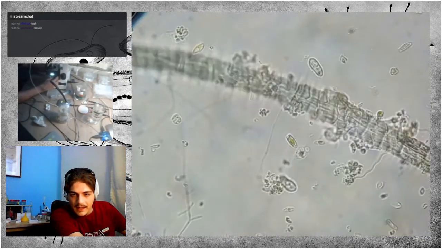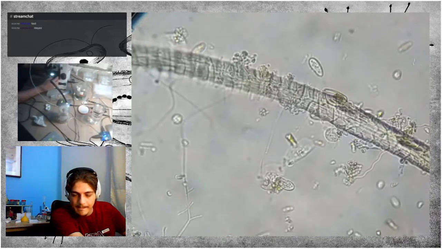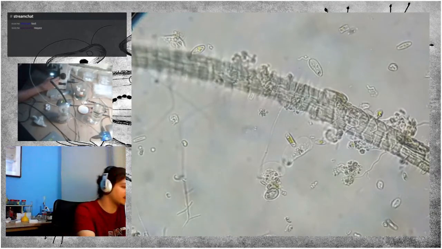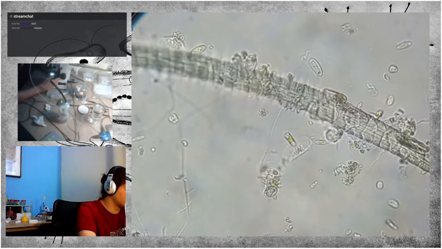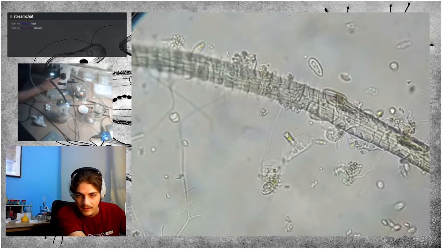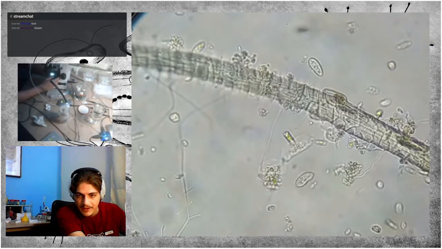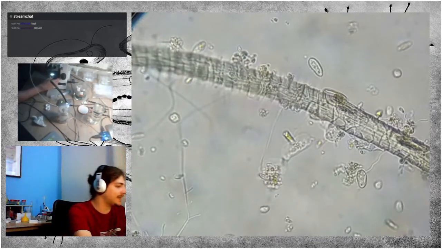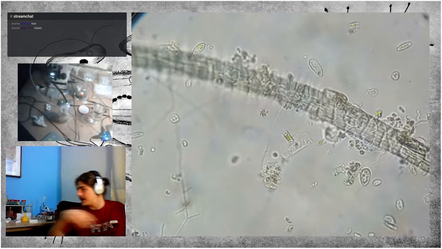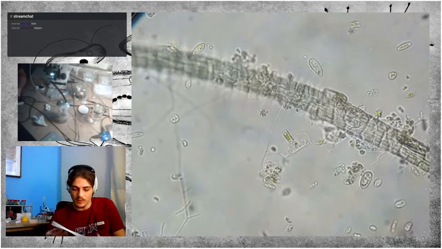Right next to that diatom, you can see a small and very faint structure. That I think is an amoeba, and I think I can say what type of amoeba.